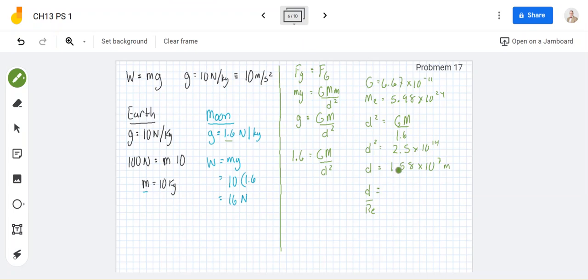I had to look up the radius of the Earth, but it's 6.37 times 10 to the 6th, and that's equal to 2.48. So an object would have to be about 2.5 Earth radii away from the center of the Earth to have the same gravitational field strength as on the Moon.